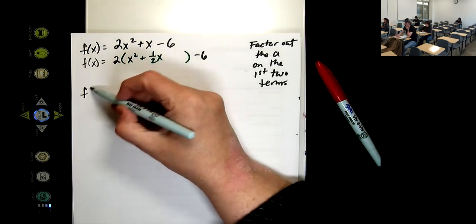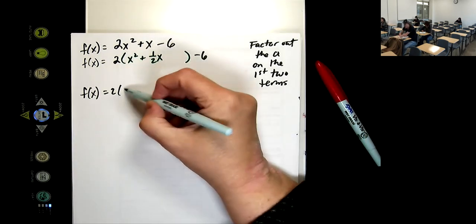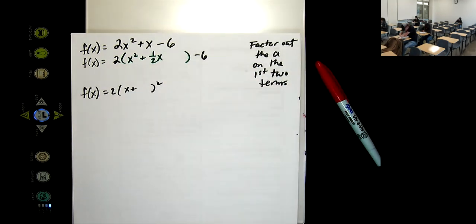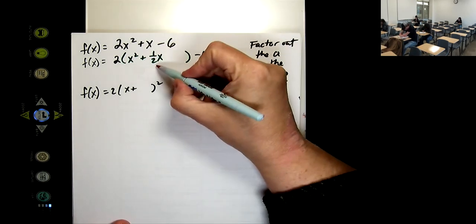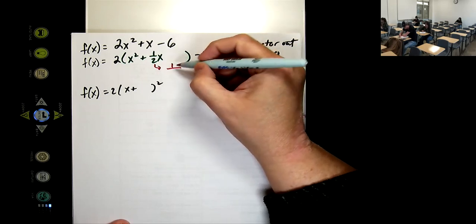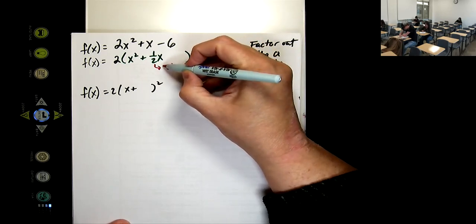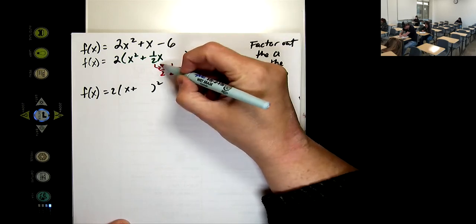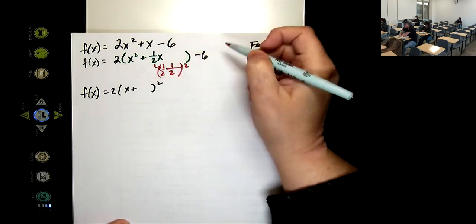So I know I'm going to have a 2 here. I'm going to have an x plus something here squared. Just getting that pre-prepped. So I take the 1/2, and dividing it by 2 doesn't really work, so maybe multiplying it by 1/2. And I square that.